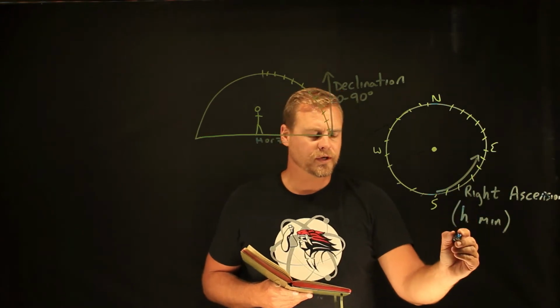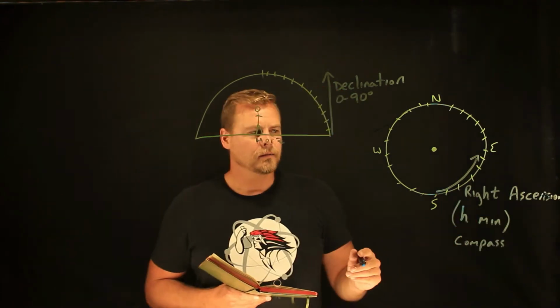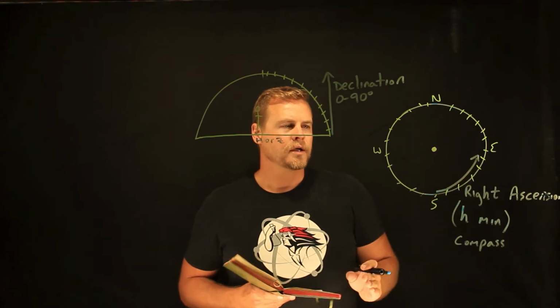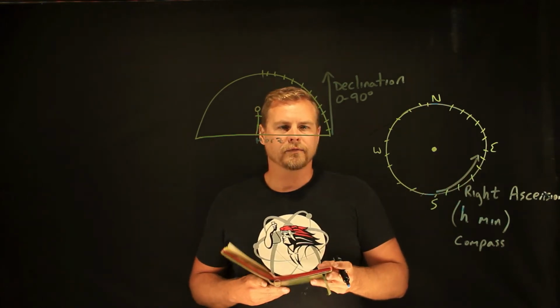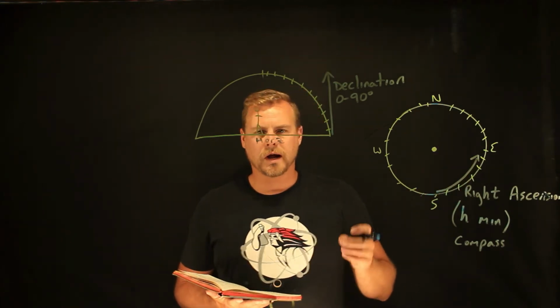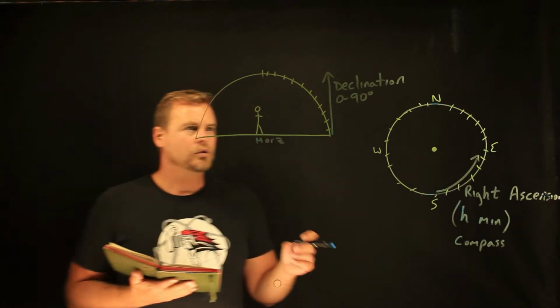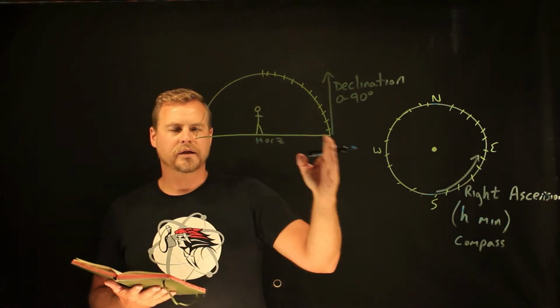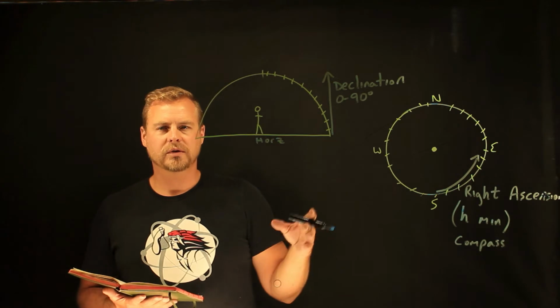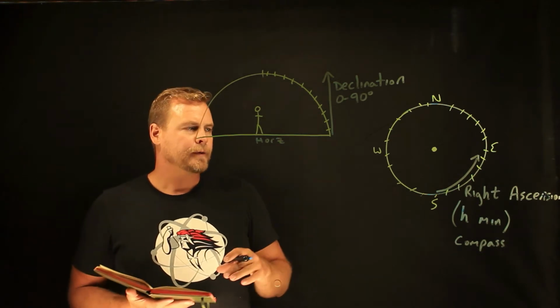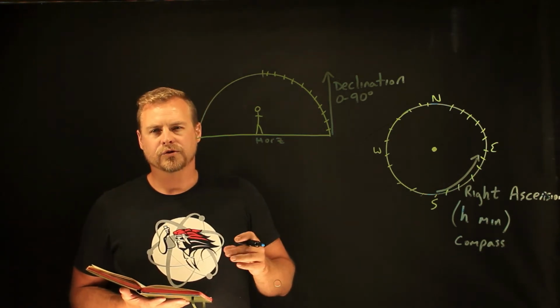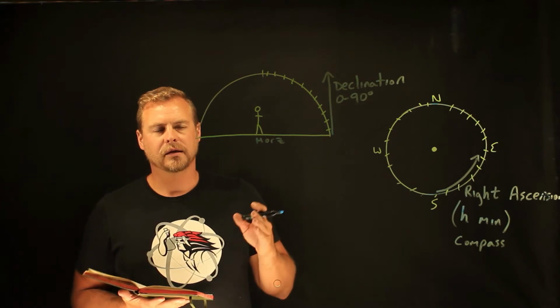We'll just use compass degrees as you go around. But the idea here is that for every star or constellation that you look at, you will have a declination and a right ascension to help you locate where that star is. And that's typically given for a certain time, day, and year.